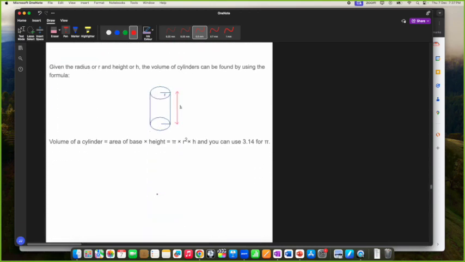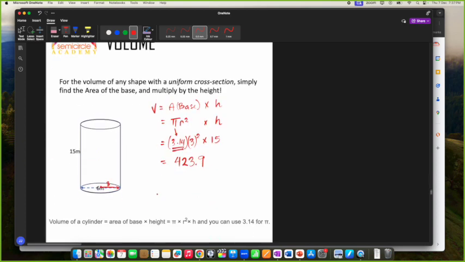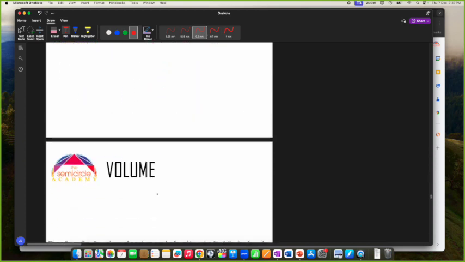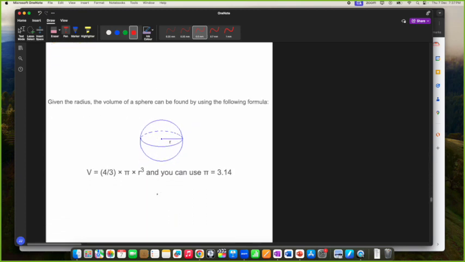But we do have other volumes on the curriculum that we should know about. This one here being the volume of a sphere, or a ball. So the volume of a sphere is 4/3 pi r cubed, where pi is 3.14.